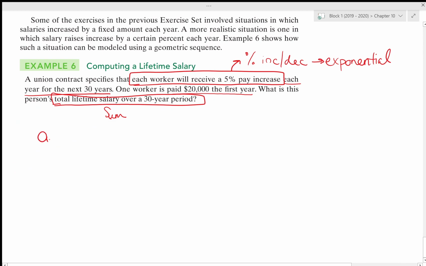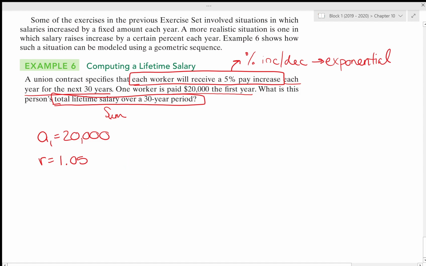Now, our first year working, we're getting $20,000. And then think about your common ratio. If we're getting a 5% increase, think about what we did for our compound interest. A 5% increase meant 1.05, because it was our original 100 plus the extra 5%.